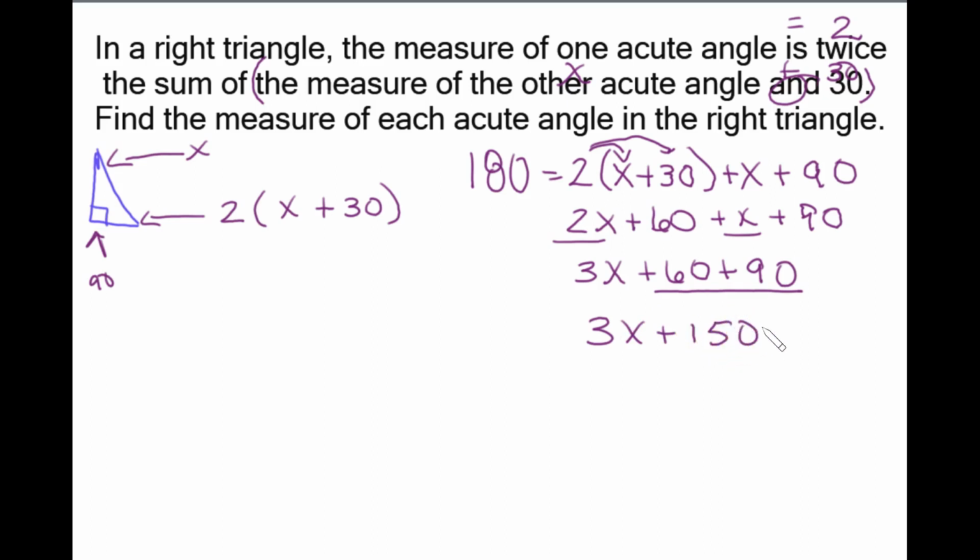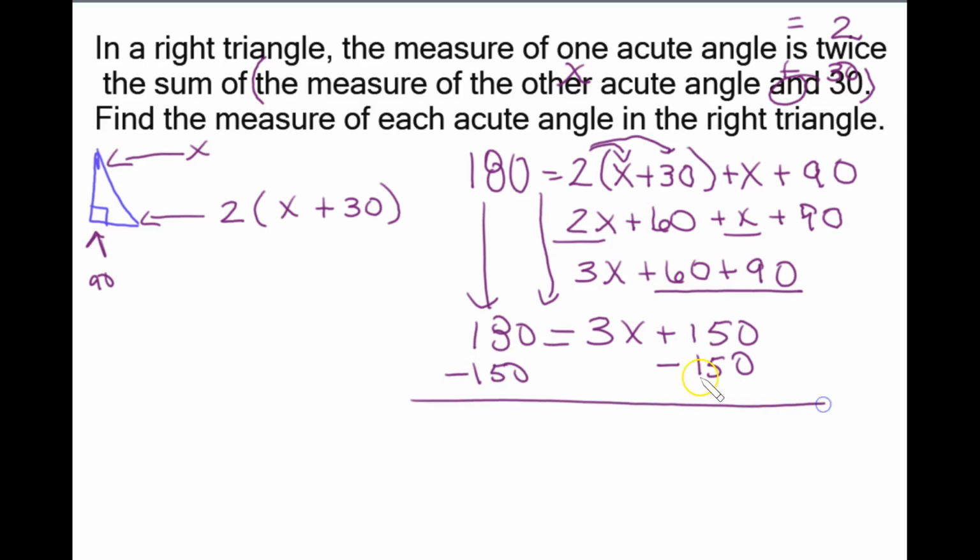I'm going to bring down my equal sign and my 180. All right, let's subtract 150 from each side. And this is 30 equals 3x. Divide both sides by 3. And x equals 10.